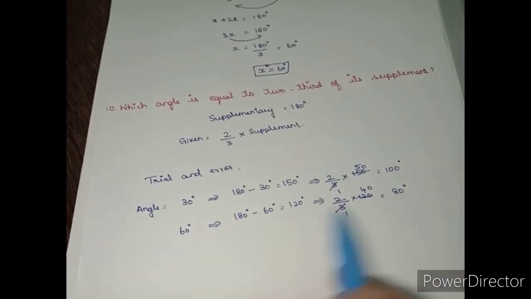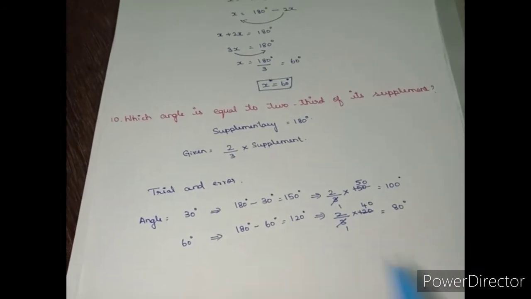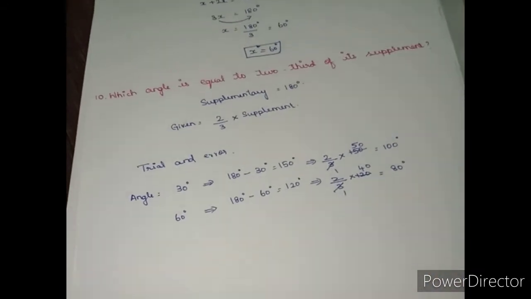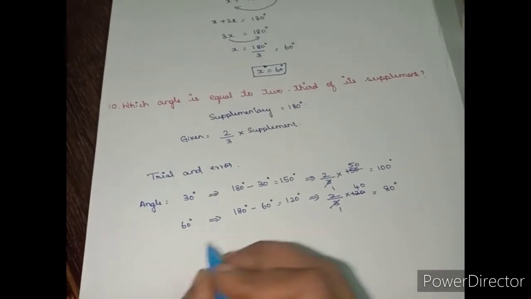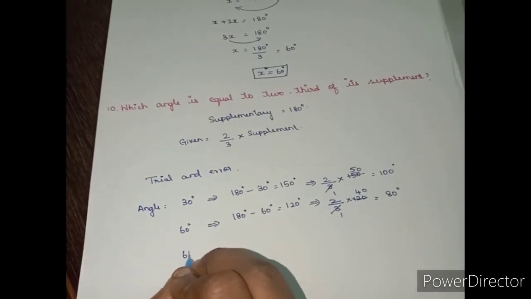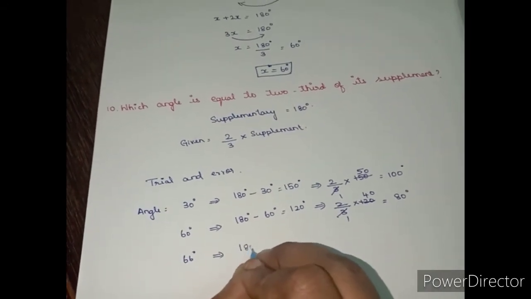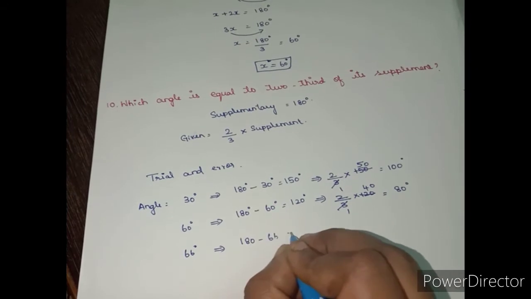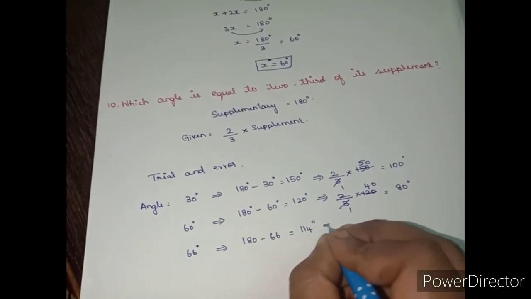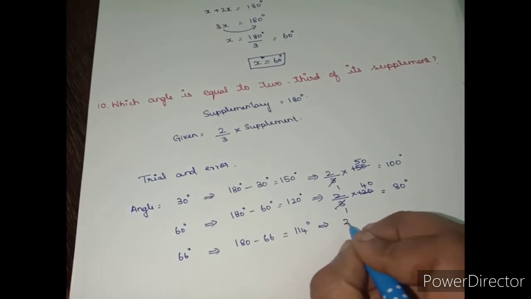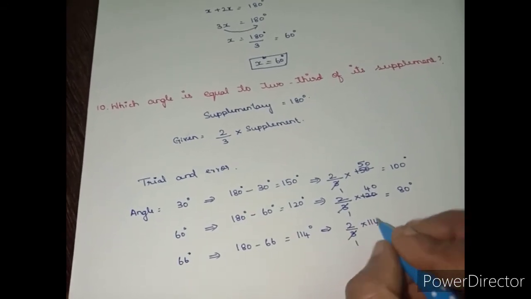See, 80. If you go to the next one, next is 90 degrees. 90 degrees will be coming under supplementary, so we'll add 6 to it. 66 degrees. So 180 minus 66 is 114 degrees. So 2 by 3 into 114. 3 table, 1 time.